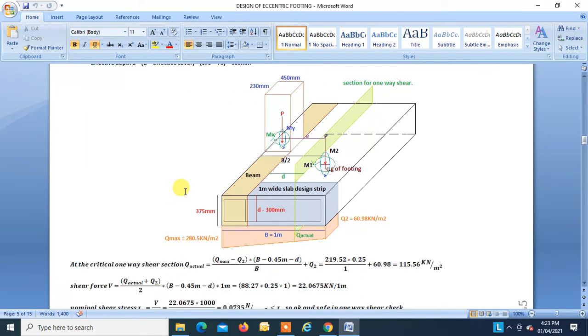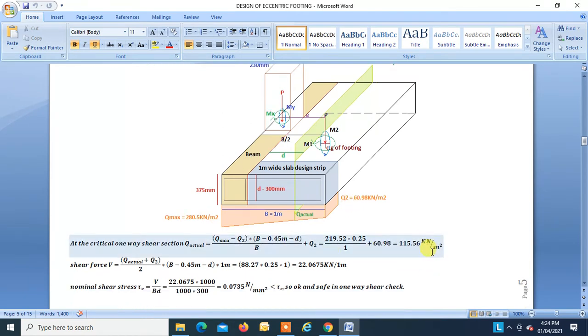Now we will have to find q actual. Now you know d, so you can find q actual. Q actual is found to be 115.56 kilonewton per meter square. Now we want to find the actual shear force acting at this plane. Simple: take the average of q actual plus q2 divided by 2, into this distance, into 1 meter, which will give you the shear force.